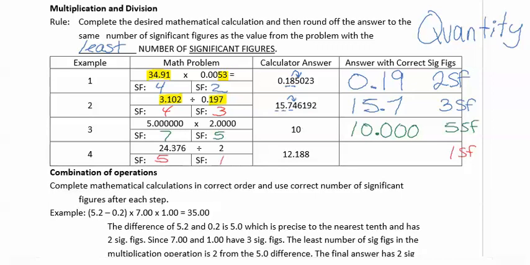So in the next problem, we're dividing by 2. We end up with 12.188. We need 1 sig fig. So our first sig fig here is the 1. But we can't leave it as 1. Whenever we're rounding with sig figs, we want to keep approximately the same value. So for this problem, we need to have a placeholder 0.